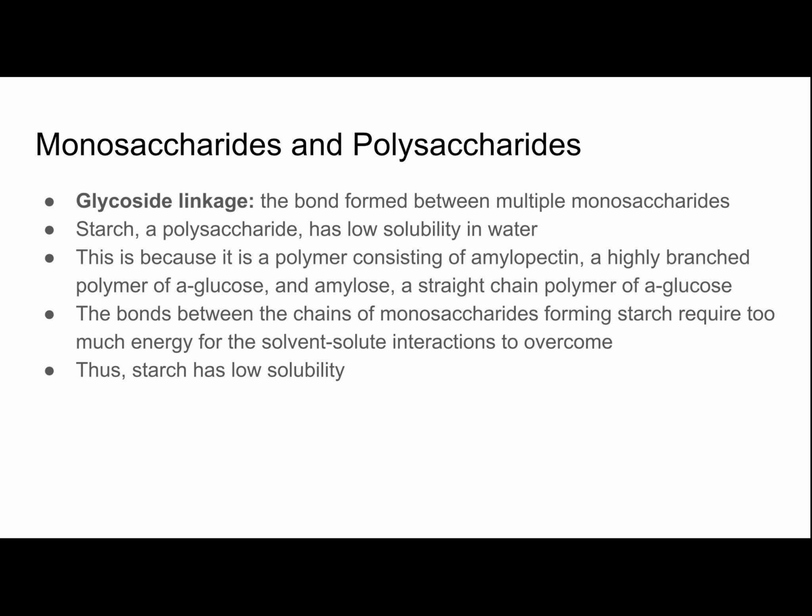It's because it contains amylopectin, which is a highly branched polymer of alpha glucose, and amylose, which is a straight-chain polymer of alpha glucose. The bonds between the chains of monosaccharides forming starch require too much energy for the solvent-solute interactions to overcome. Because of that, starch actually has pretty low solubility in water unless you heat it.